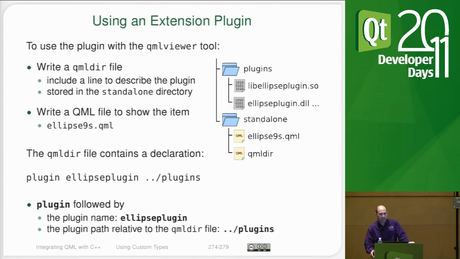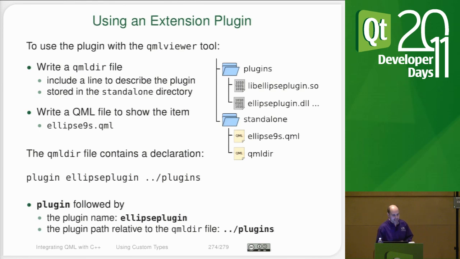So we get back to this thing where we have a plugins directory and maybe a standalone directory. And we have this QML dir. So this QML dir is a manifest. And we saw that QML dir can specify QML files. We can also specify shared object plugins to load when you load this import.